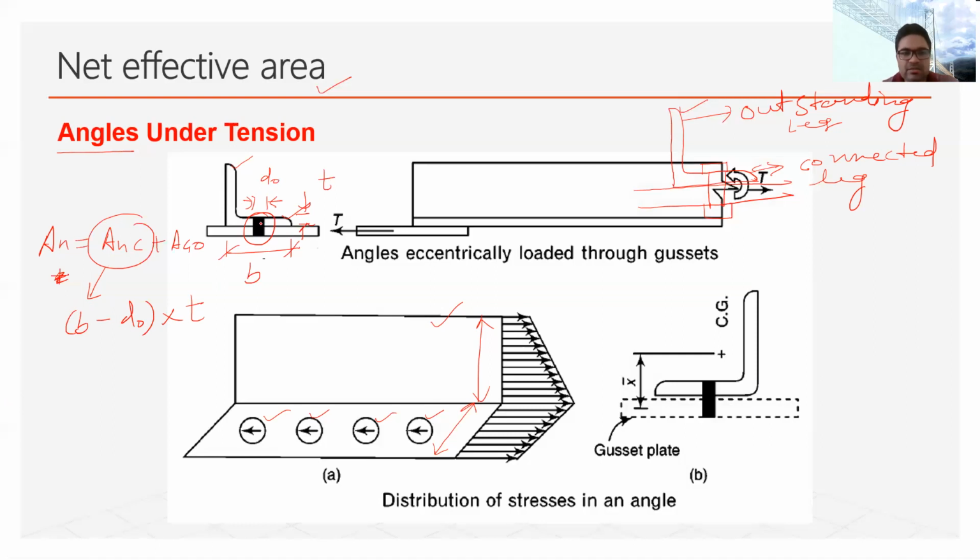If there are two bolts or more than two bolts, we can use N. In our case, in the cross section only one bolt hole is shown, so we are using the single value D naught. But if there are two or more holes in the cross section, we will use B minus N D naught multiplied by T. So this is how we calculate ANC.